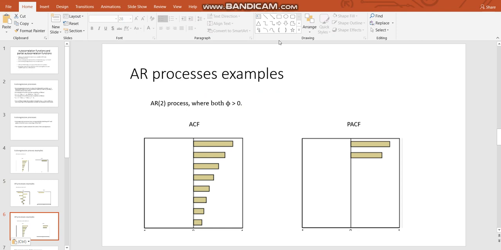This just shows you an example of an AR2 process. Again, it's relatively straightforward. It's pretty similar to the AR1 process, except this time it's got a second spike in the PACF. So just bear that in mind.